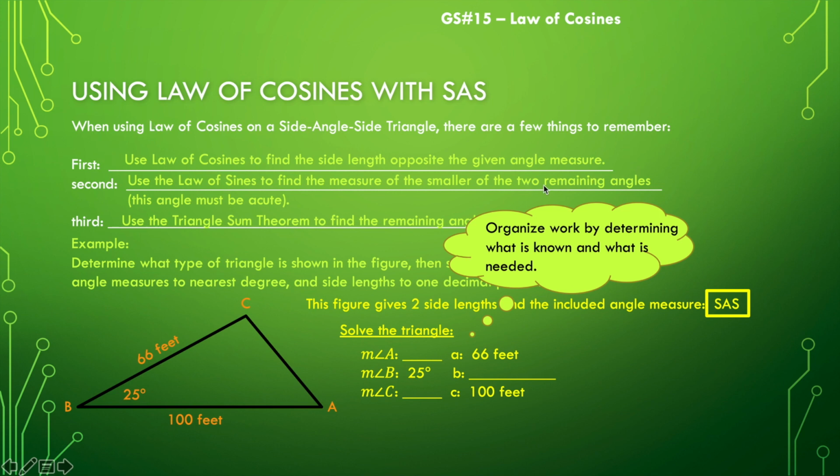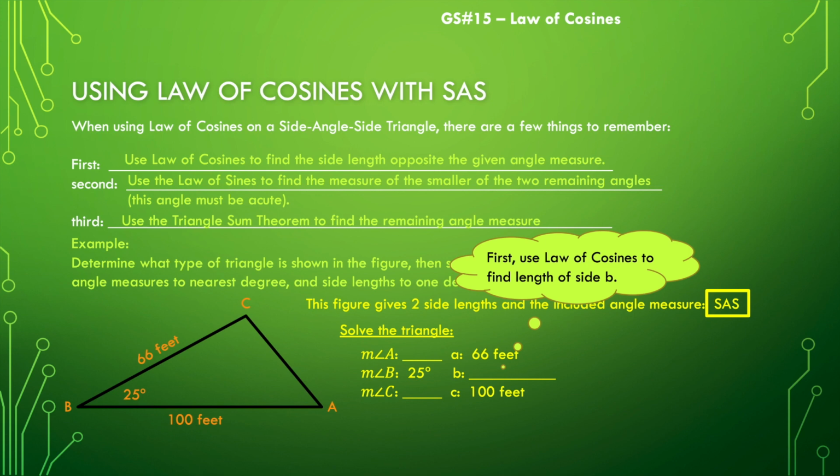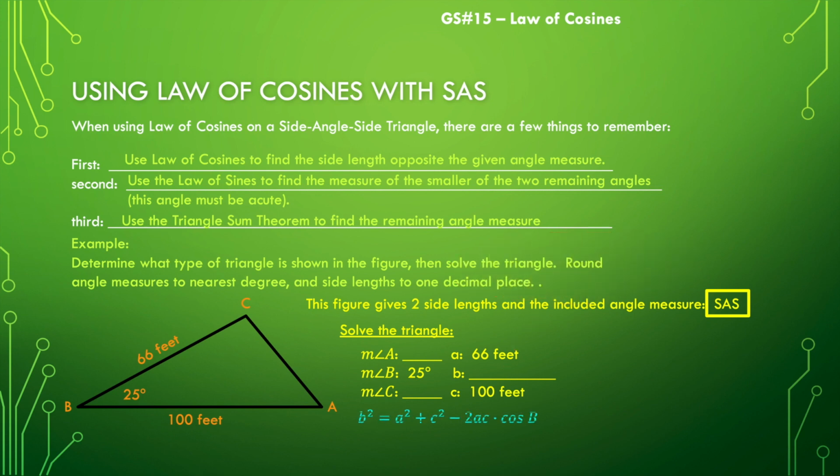So our first step here is to use the law of cosines to find the side length opposite the given angle measure. We know angle B has a measure of 25 degrees, so we want to find the length of side B. So we're going to use the law of cosines to find the length of side B.